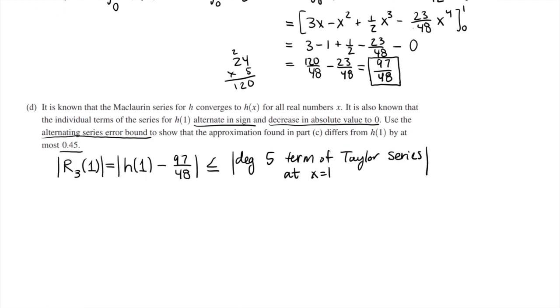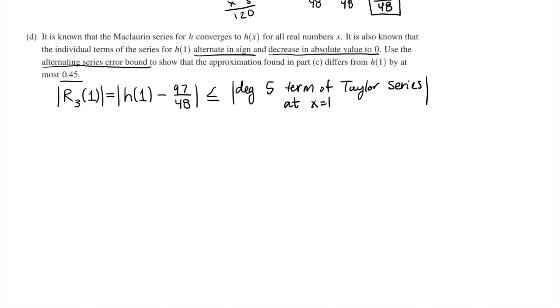So let's recall, this whole thing is going to be equal to the integral from 0 to 1 of our 4th degree term of our Taylor polynomial for f, which should be the fourth derivative of f at 0 over 4 factorial times x to the fourth.